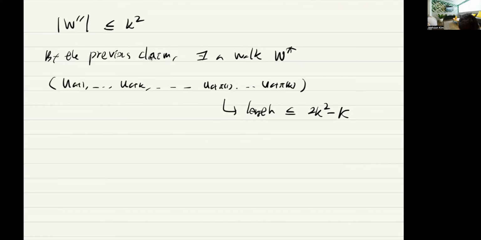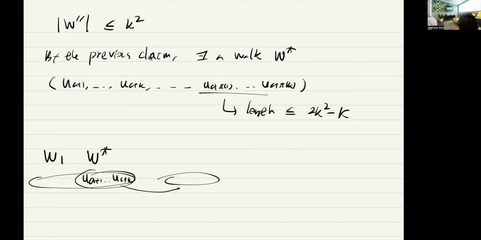Okay, so now what? You take W1, whose end part is U_{A+1} to U_{A+k}, and then you take this W star. Then you start from here, and then you end with this permutation. And then you take this W prime prime, which connects this with V_{B+k} to V_{B+1}.